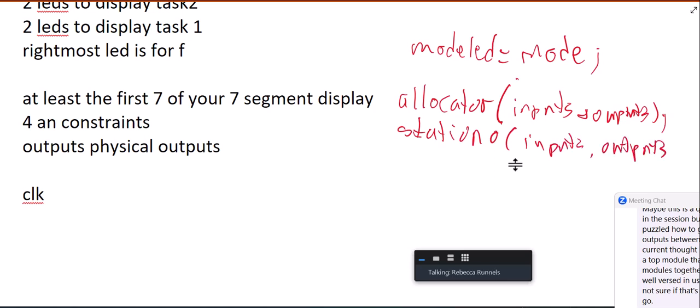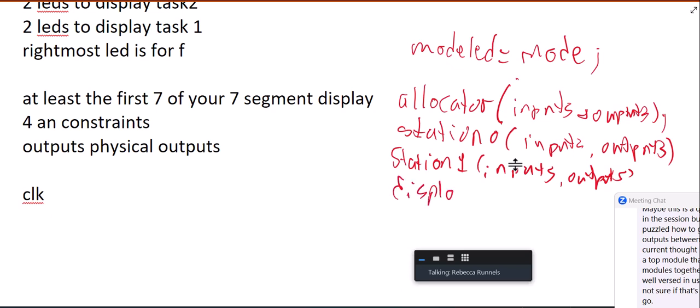These need to be in the same order that you define them. When you define your module, if you don't put them in the same order, it will not work. You need to have station 1 with your inputs and outputs, and your display with its inputs and outputs, and we'll go through and talk about what those need to be.